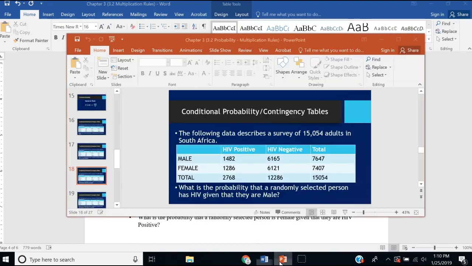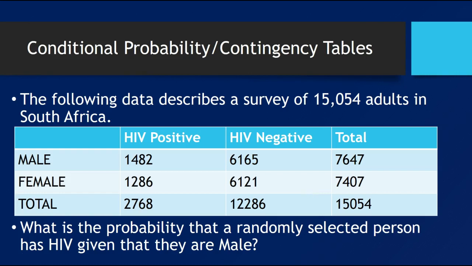Let's look at the next question. Next question says, well, what's the probability that a randomly selected person has HIV given they're female? I'd like you to, again, push pause, figure it out. In about 5 seconds, I'll come back and state the answer.